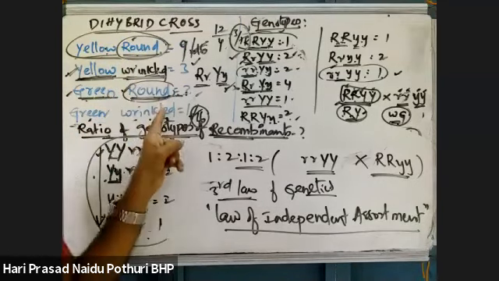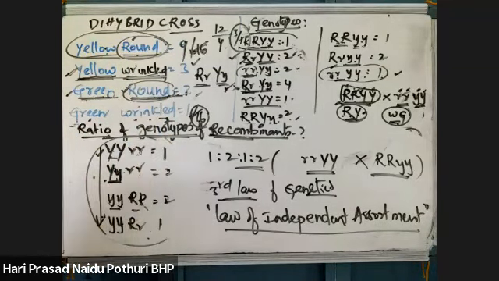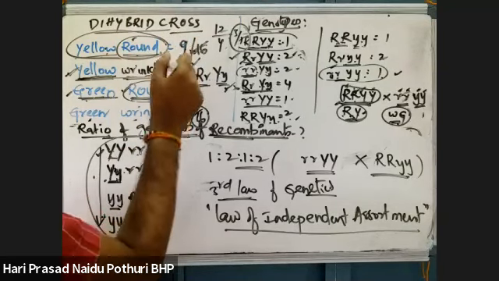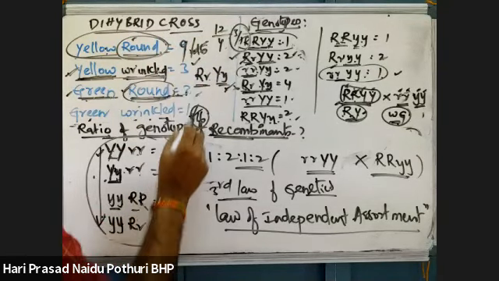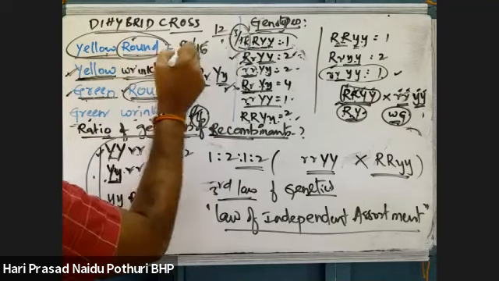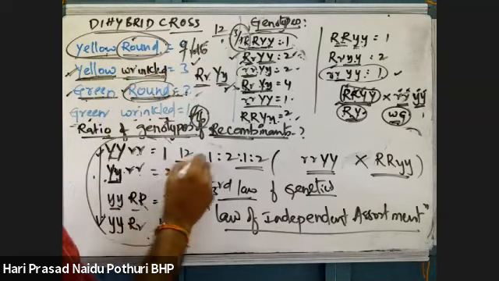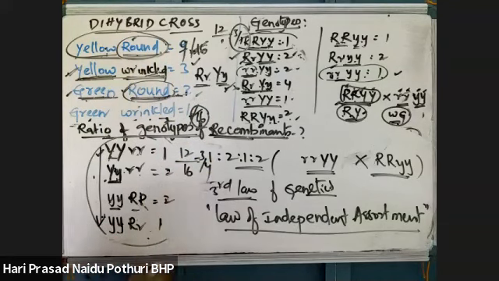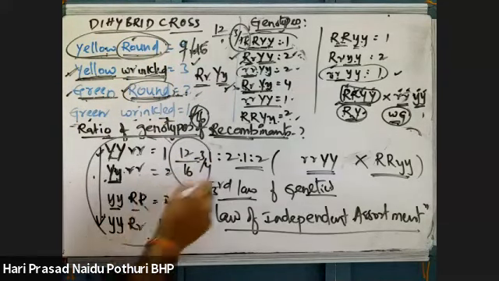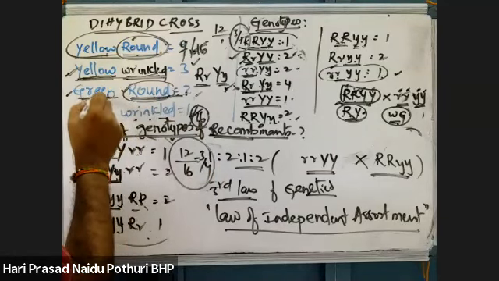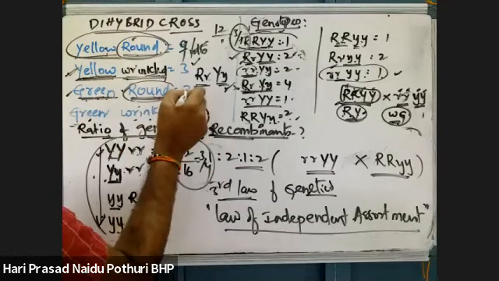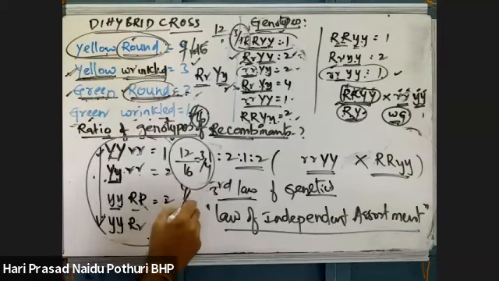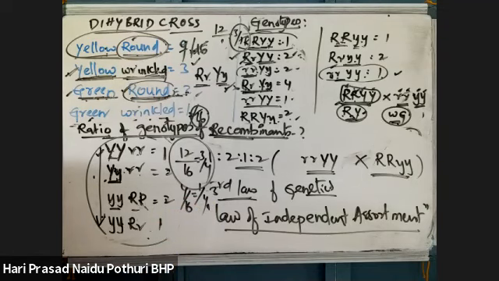Probability of yellow seeds: 9 plus 3, 12/16, that is 3/4. Green: here 3, here 1, 4/16, that means 1/4.